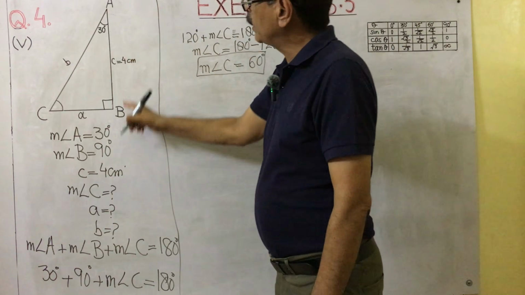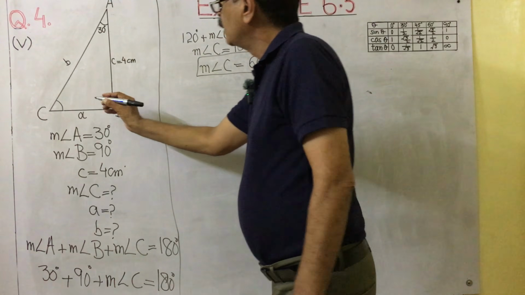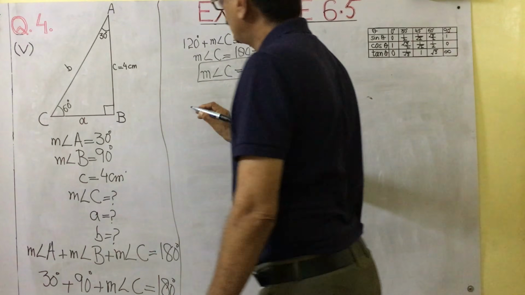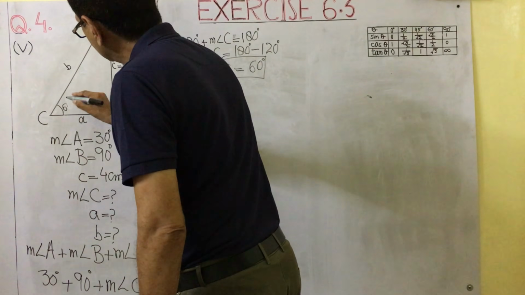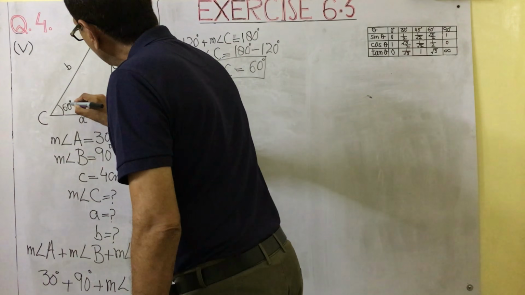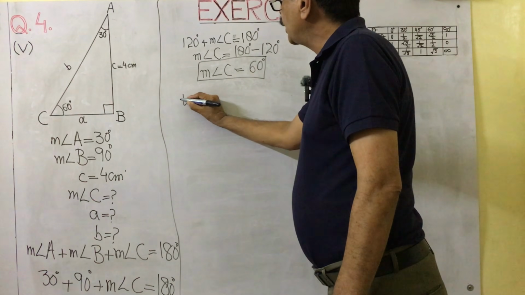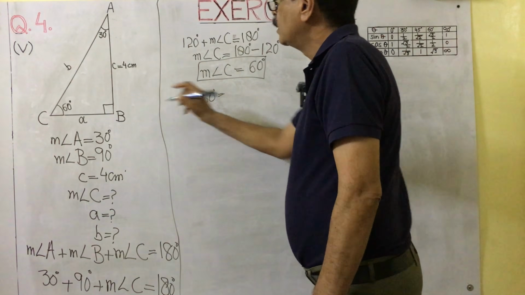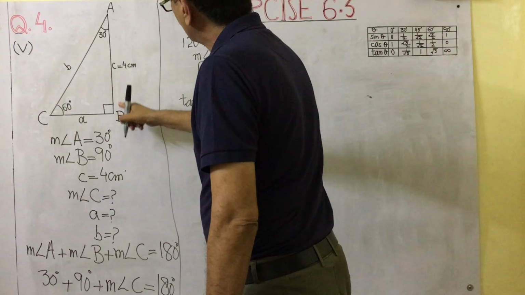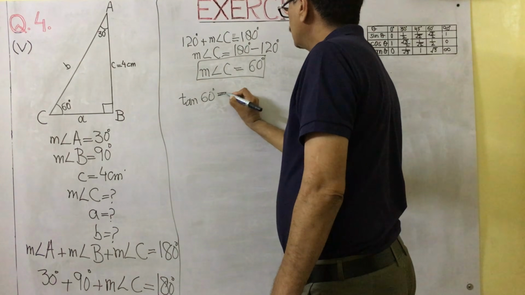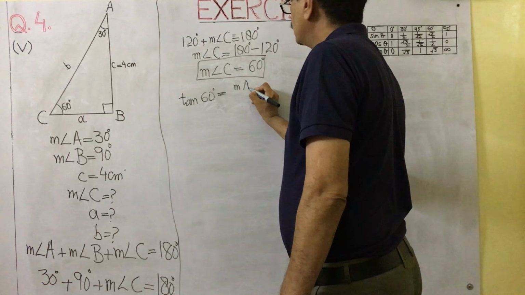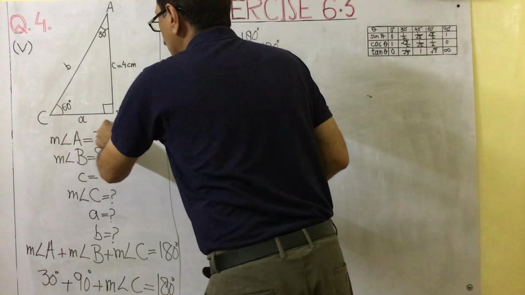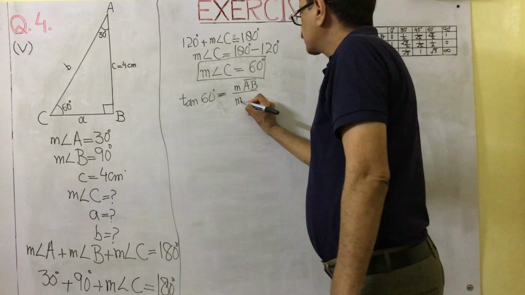Now in right angle triangle ABC, this is now 60 degrees. Tangent of 60 degrees is equal to perpendicular over base.